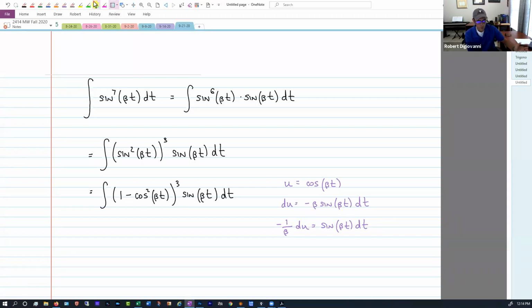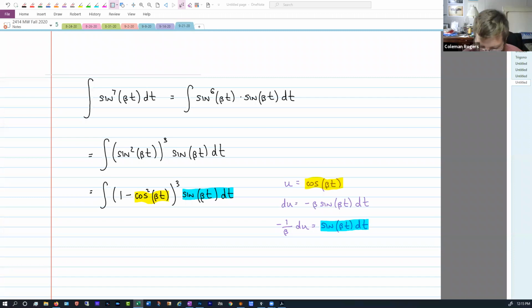And at this point, we're ready to rewrite it. We have sine beta t dt right here. We know that cosine beta t is going to be replaced with u. So let's see, let me call on someone. It's been a while. How about Coleman?